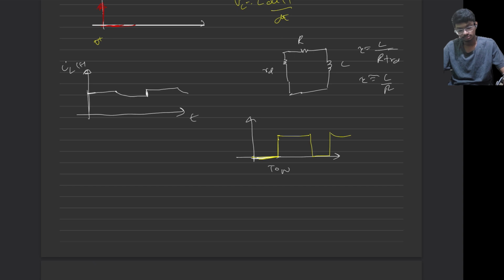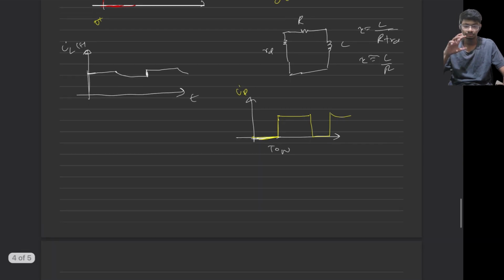Now the main question asked was to calculate the average diode current, right? If we just linearize this part, the discharging time is very low, so we can assume this current to be almost constant, right? The average current will be the area under this curve under one time period.